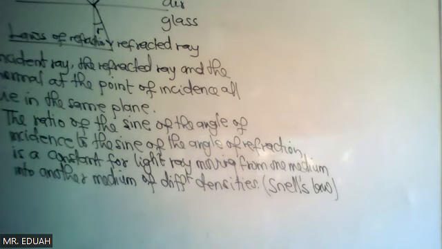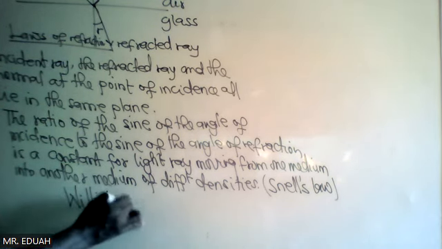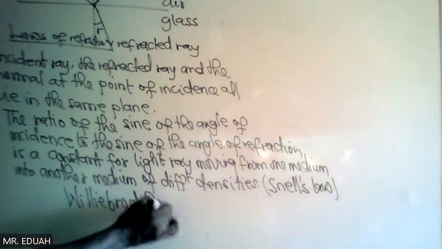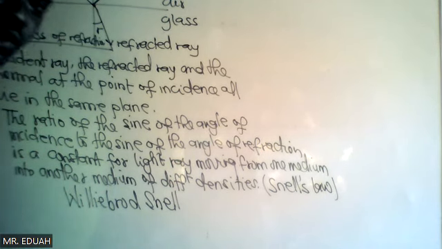This was named after a good friend, known as Willebrord Snell. So Snell's law says that whenever light moves from one medium into another medium of different optical densities, then the ratio of the sine of the angle of incidence to the sine of the angle of refraction is equal to a constant.